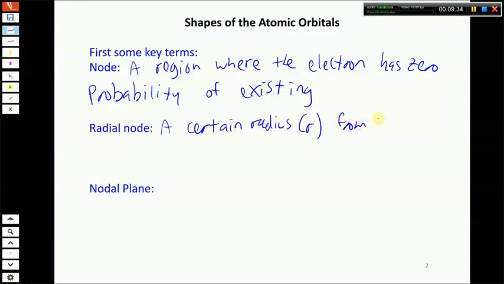So again, the nucleus is our origin here. That's our reference point. And a radial node is a certain radius relative to the nucleus where the probability of finding an electron is 0.